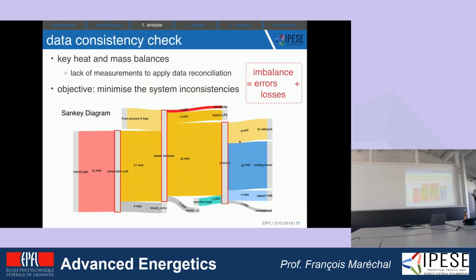So these kind of diagrams are quite interesting, because normally we have to be able to explain all the flows that are in this diagram. Okay, because the energy balance is closed.